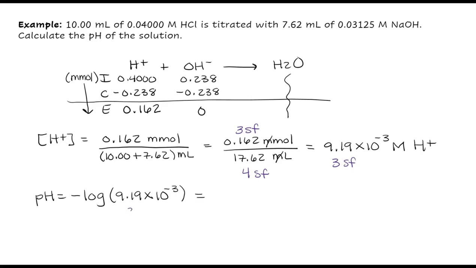With logs, you take a look at the sig figs in your value, and that becomes the number of decimal places when you've done the calculation. So we'll take the negative log of 9.19 times 10 to the negative 3, and rounding to 3 decimal places gives us 2.037, and that is our pH.